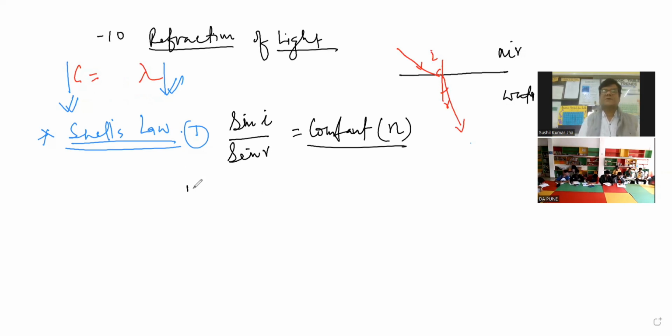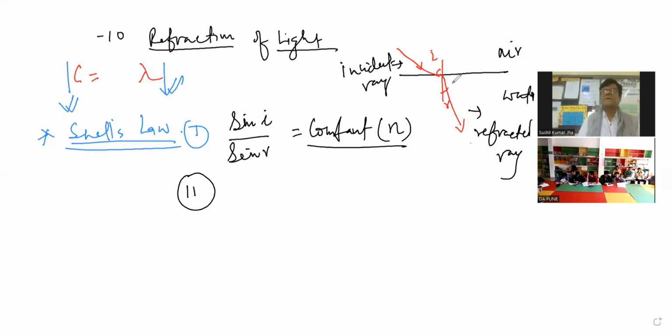And the second law: this ray of light is the incident ray, and this is the refracted ray, and this is the normal. Very similar to the laws of reflection, the incident ray, refracted ray and normal all lie in the same plane at the point of incidence.